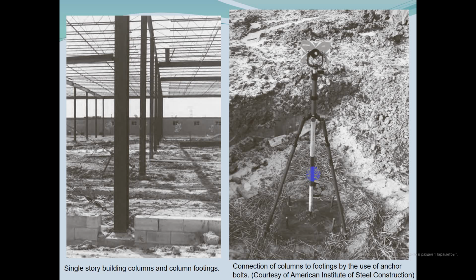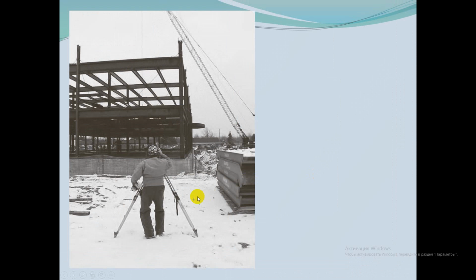The column can be plumbed with the aid of a theodolite. But for single-story construction, the column can be satisfactorily plumbed with a spirit level, carpenter's level, or vertical alignment of the wall using a theodolite.